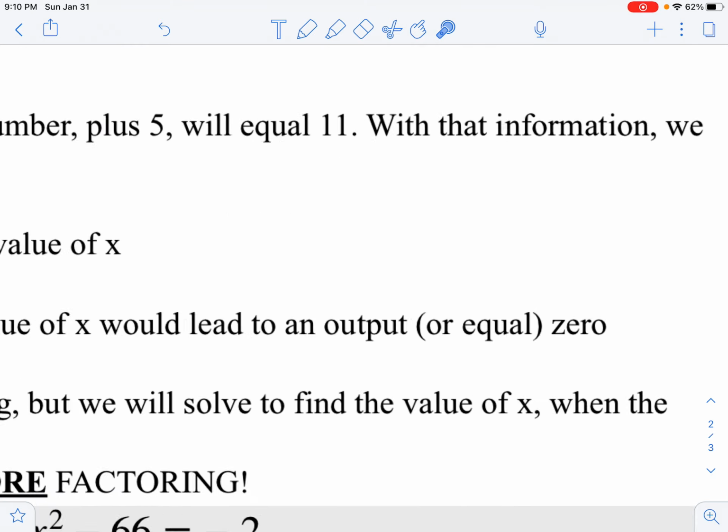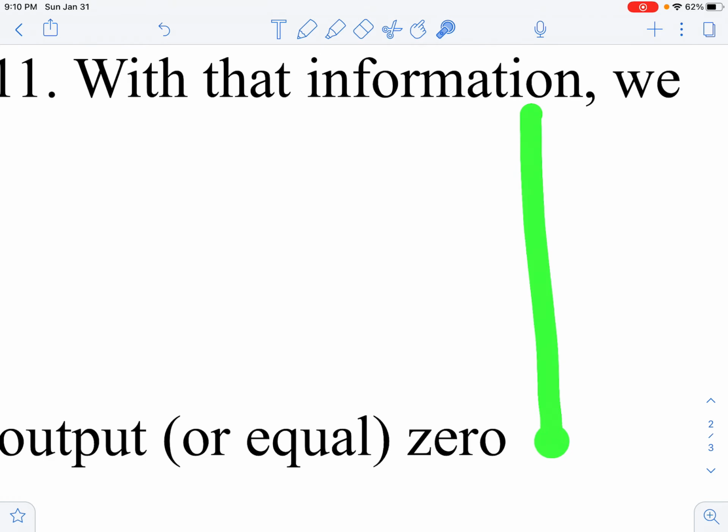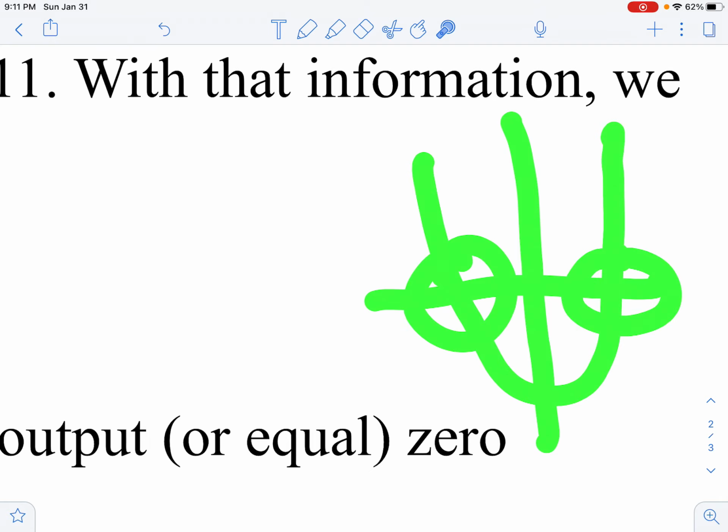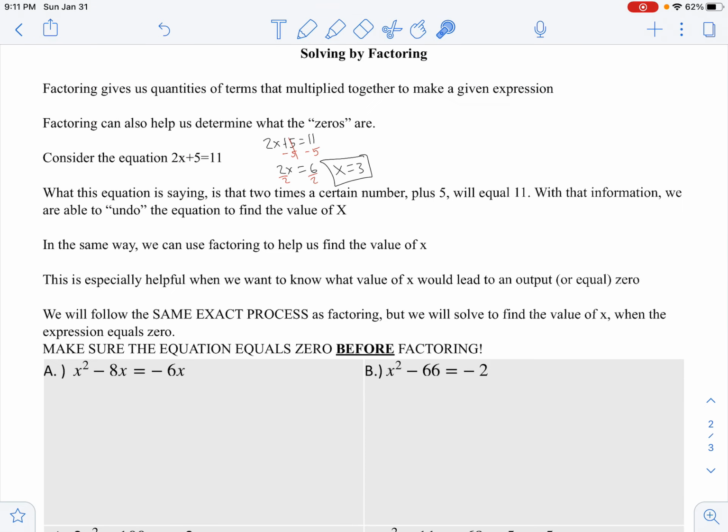Sorry, let me zoom in. What value for x on this axis here does y equal 0? And this is particularly going to come into play with parabolas. So there will be 2 places where y equals 0. It's a little bit to wrap our head around.